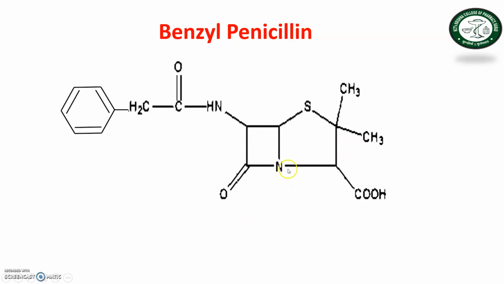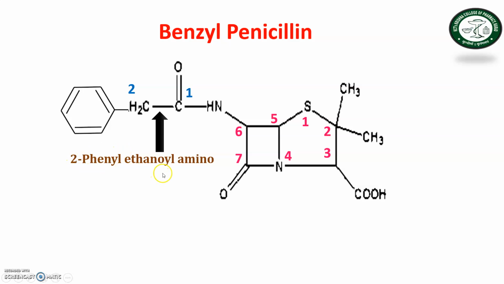If you see the diagram of the structure carefully, this is the penam ring. According to the IUPAC name, first number the structure 1, 2, 3, 4, then 5, 6 and 7. Then the side chain numbering 1, 2. The substituent is present at position number 6, and its name is 2-phenylethanamido. The penam ring is the basic nucleus.